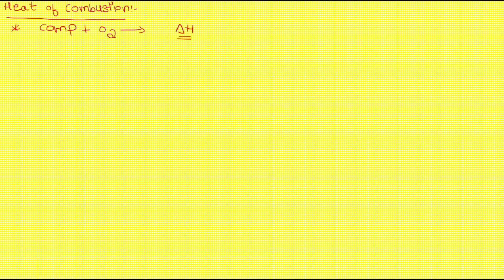Here also the same version will be there, stability of the compound and everything, but one extra word will be there. A compound with more number of carbon atoms will obviously have more heat of combustion.